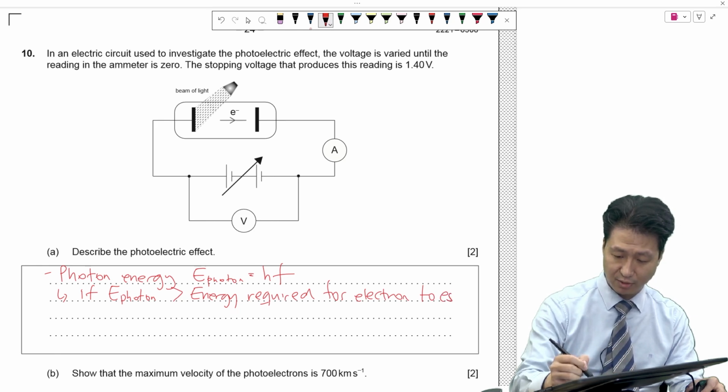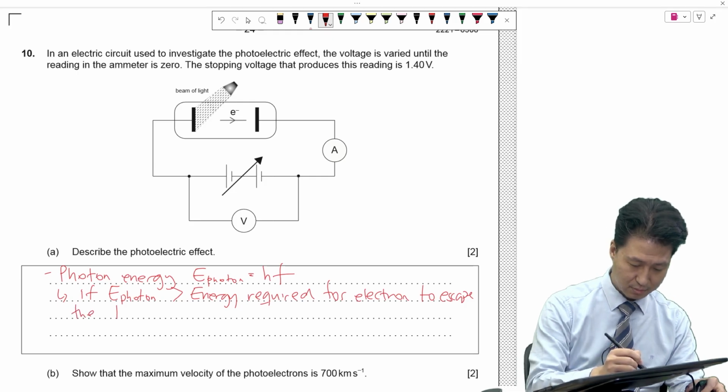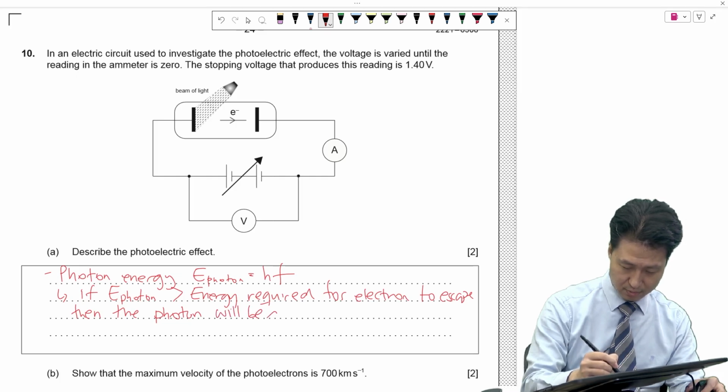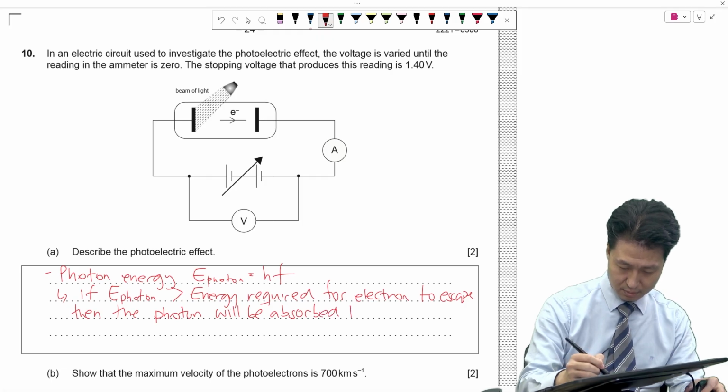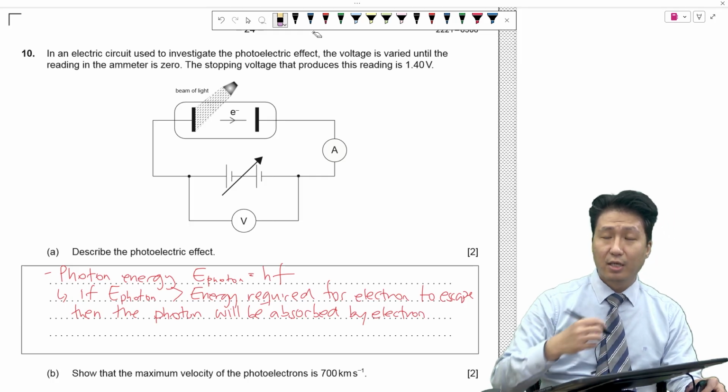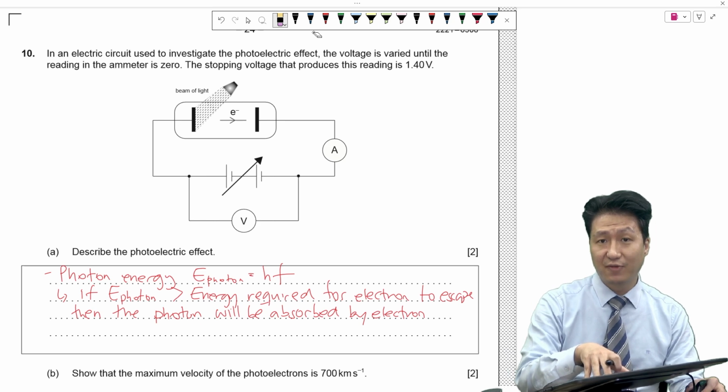What happens if it doesn't have enough energy for the electron to escape?